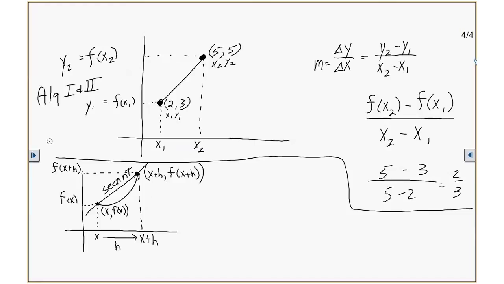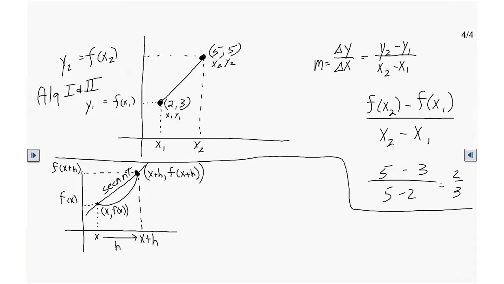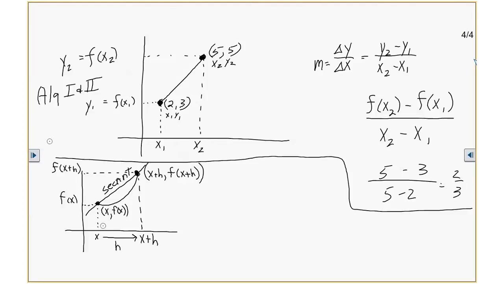Find the slope between the 2 points on the secant line using these 2 points, this x and this y, and this x and this y. Plug it into this right here.